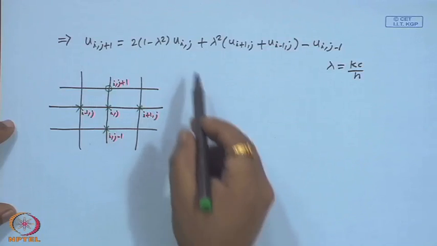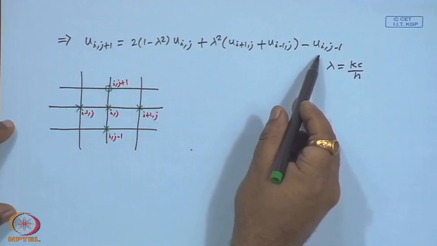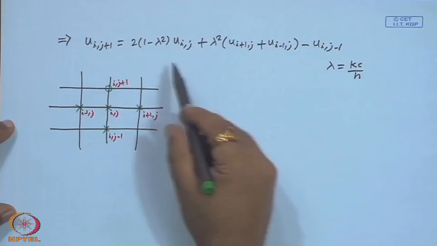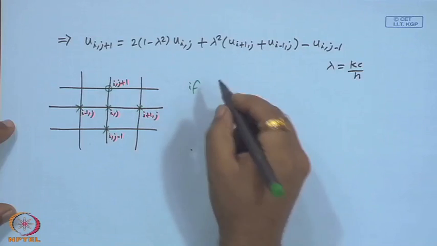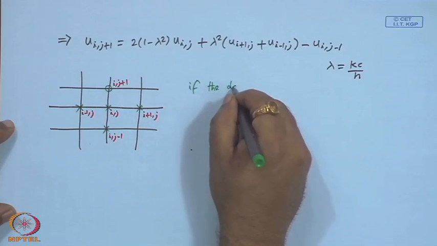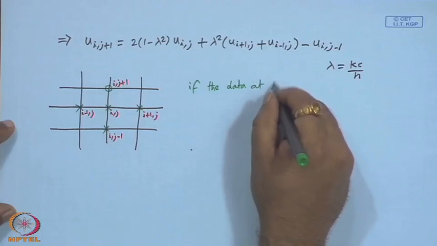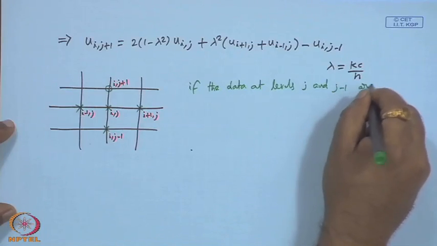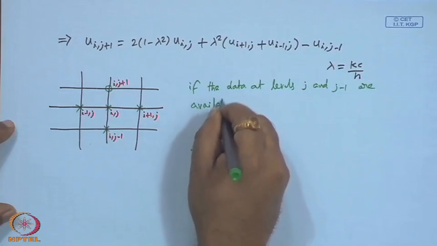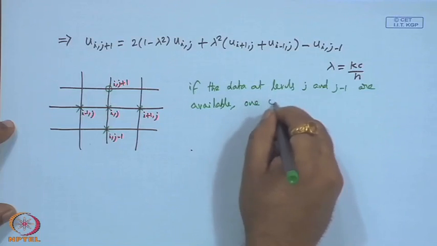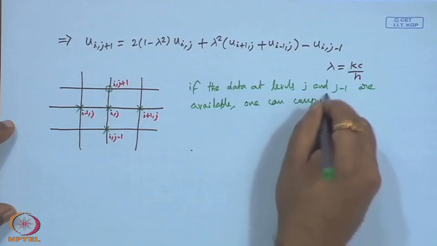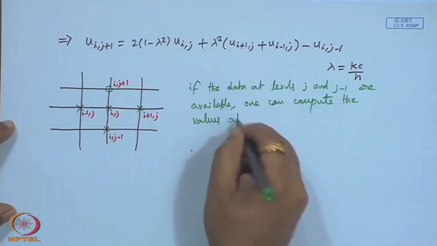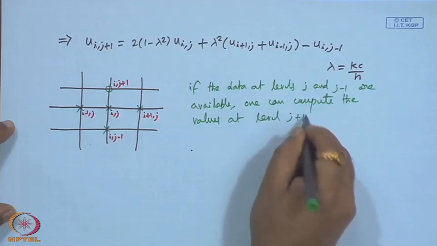Interestingly, if you look at the right hand side, it is asking for data at 2 time levels. If the data at levels j and j minus 1 are available, one can compute the values at level j plus 1.